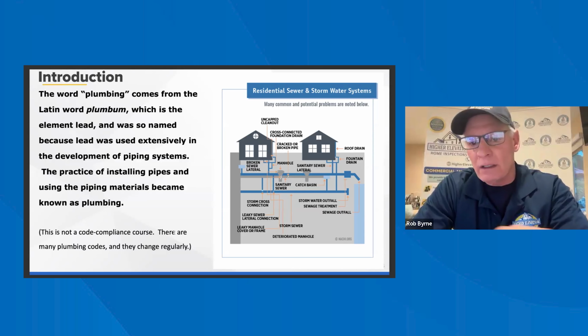Wash basins, same thing. Make sure it's secured to the wall properly. Like we spoke about earlier, hot on the left, cold on the right, functional water flow, all important things that as inspectors, these are the things that you are looking for to document and share that information with your clients.